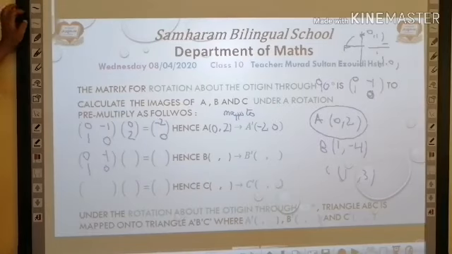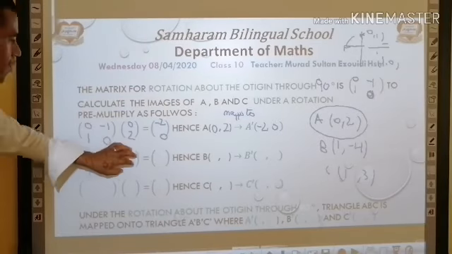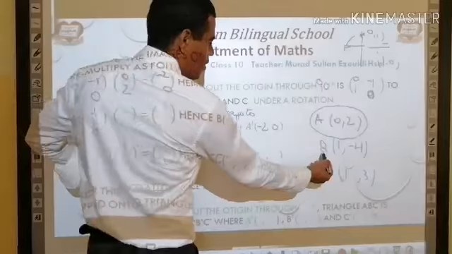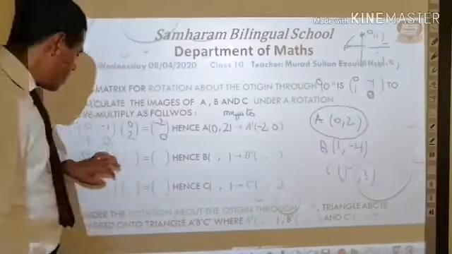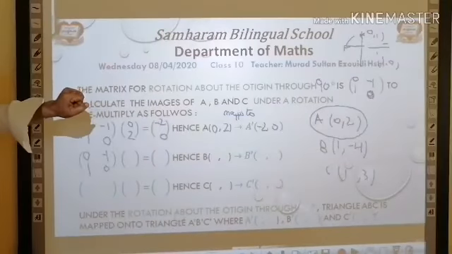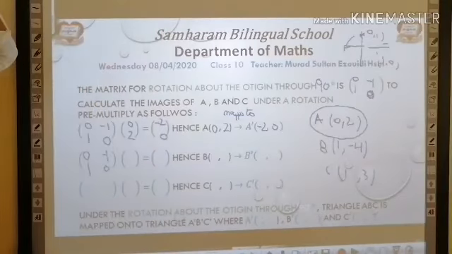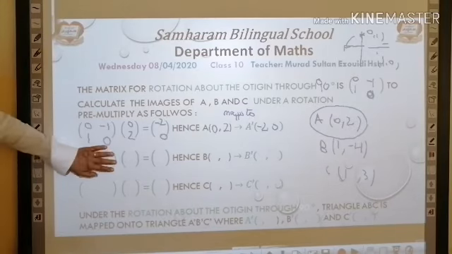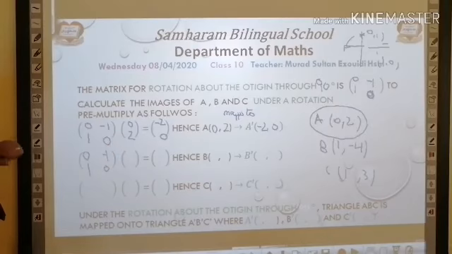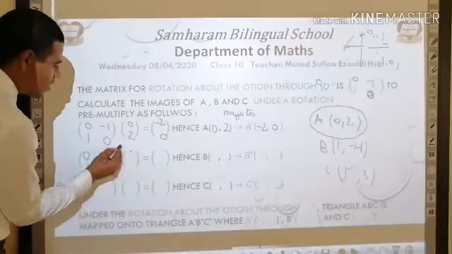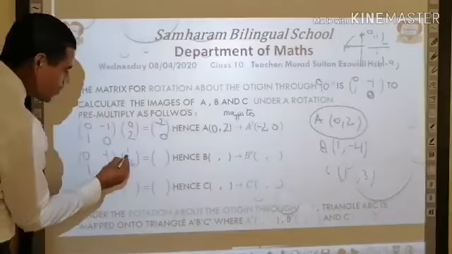I will transform the point B of coordinates 1, negative 4 in the rotation about the origin through 90 degrees counterclockwise. So this is the matrix for rotation 90 degrees, so multiply by 1, negative 4.